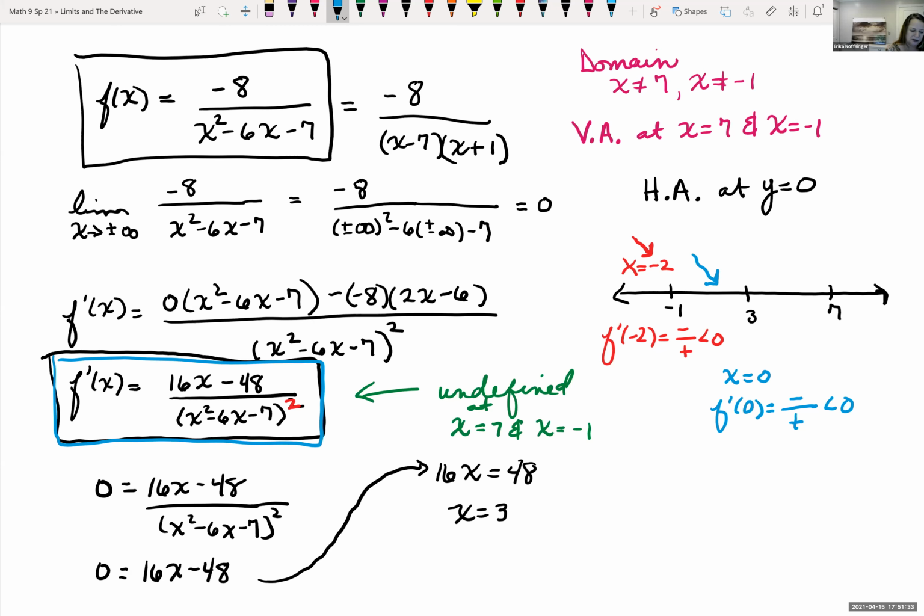Choose a number between 3 and 7. So how about x equals 4? Plug it into the derivative. We're only worried, is it positive or negative? So 4 times 16, that's 64, minus 48. That's going to be positive in the numerator, positive in the denominator. This is greater than 0. It increases.